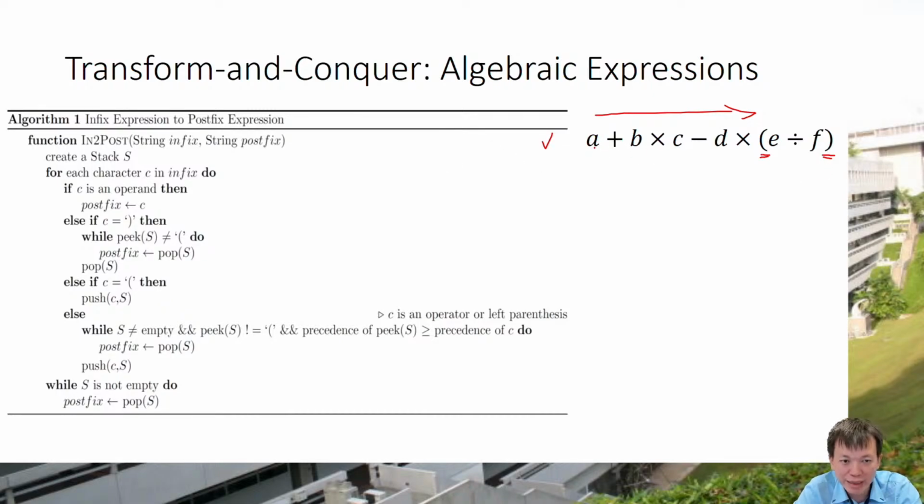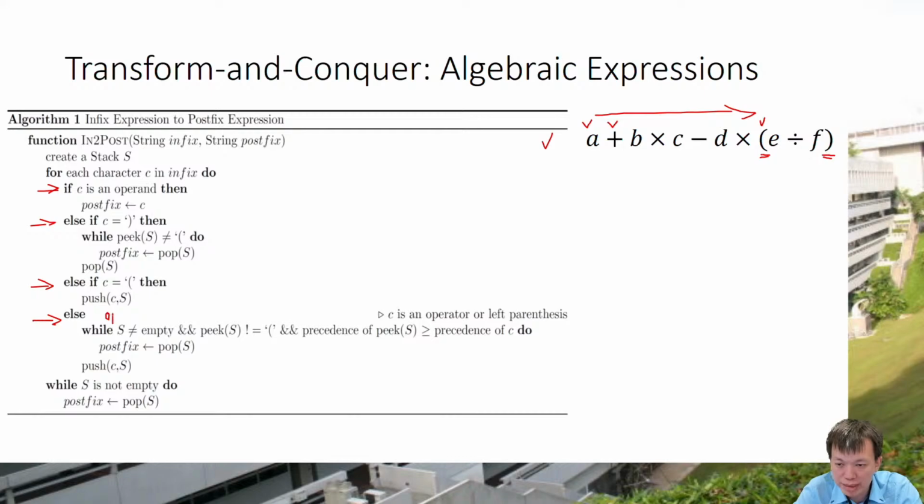Whatever I encounter can be an operand, can be an operator, can be parentheses or brackets. So I need to consider what happens if it's an operand, what happens if it's a close or open parenthesis, what happens if it is an operator.